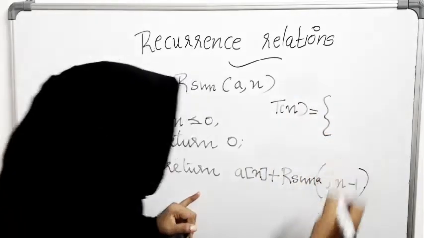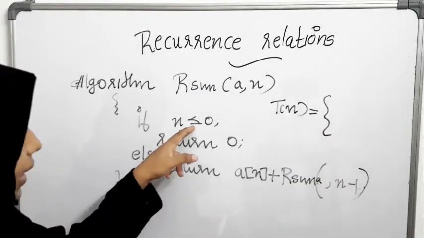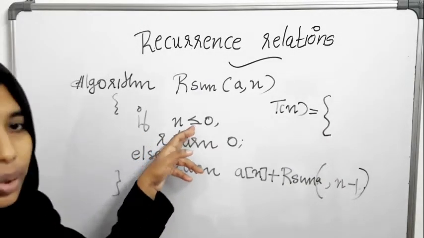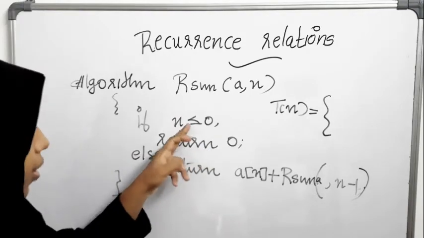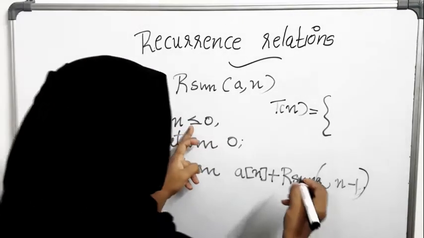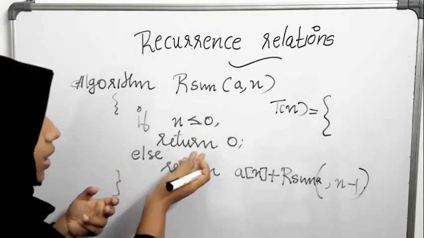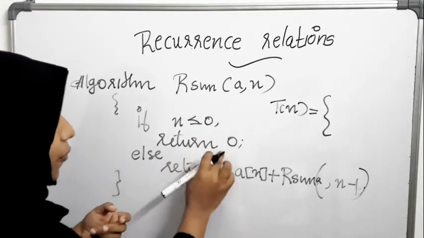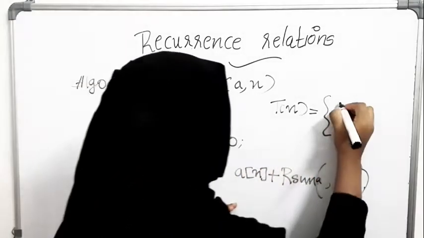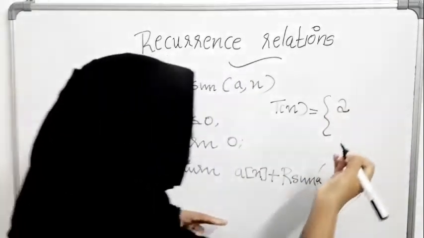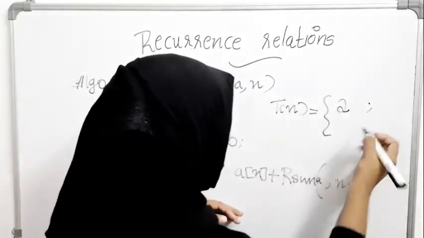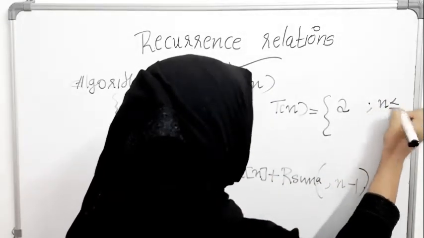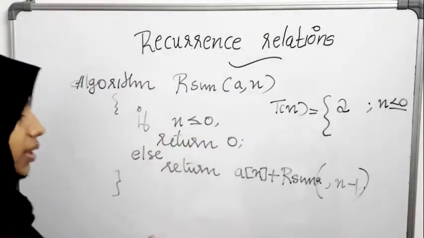If n is less than or equal to 0, all you need to execute is two statements: check whether n is less than or equal to 0, and return 0. So 2 units of time are required if n is less than or equal to 0.